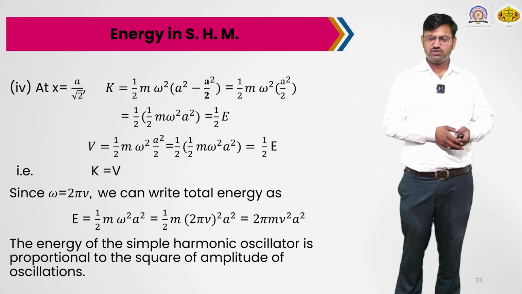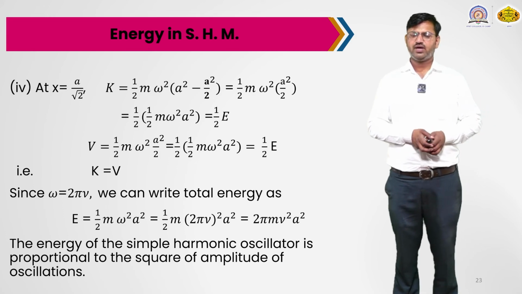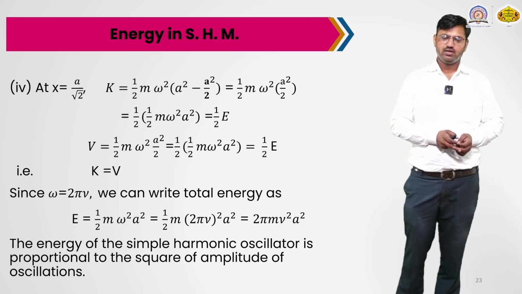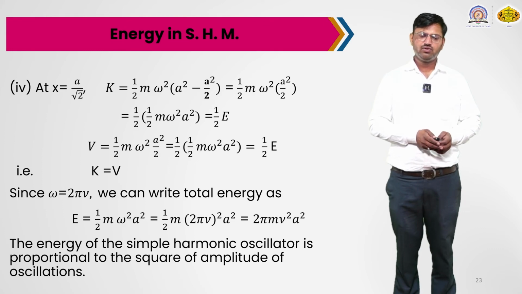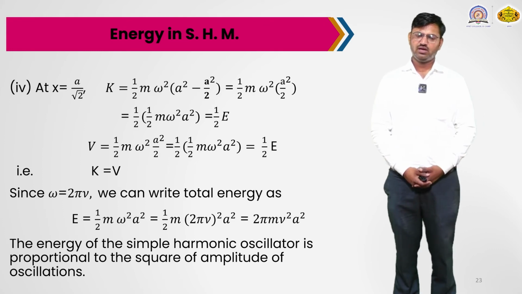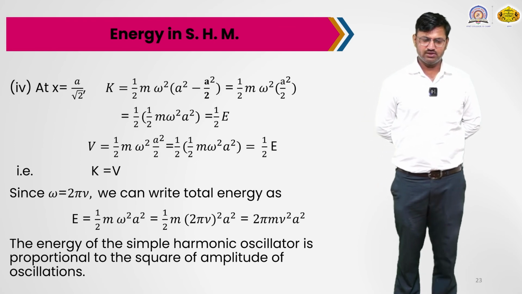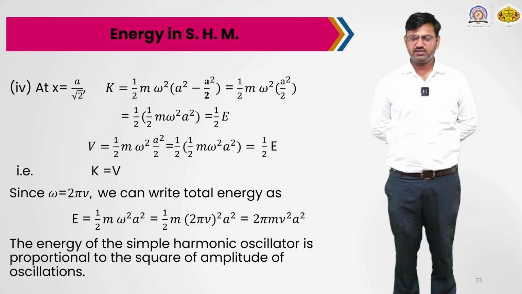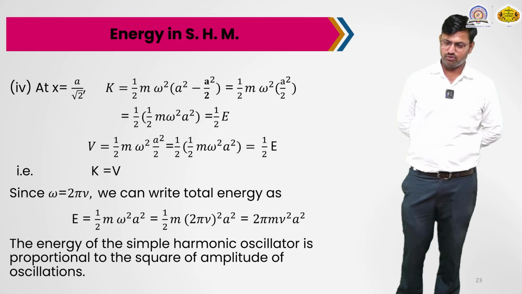Half m omega square bracket a square minus a square upon 2 bracket close is equal to half m omega square bracket a square upon 2 bracket close. Therefore, half bracket 1 upon 2 m omega square a square bracket close is equal to half of total energy, means kinetic energy is half of total energy at the particle's position x is equal to a upon root 2.